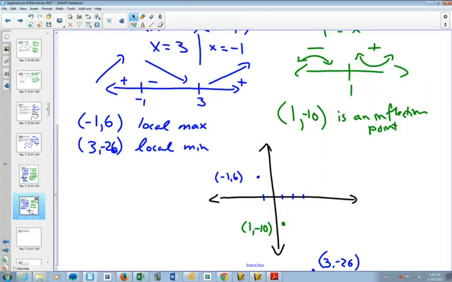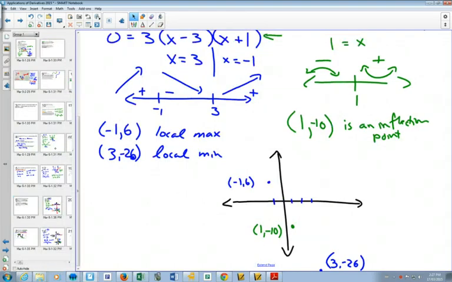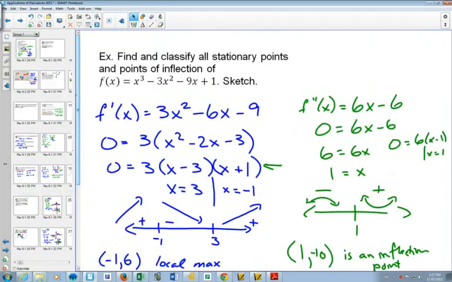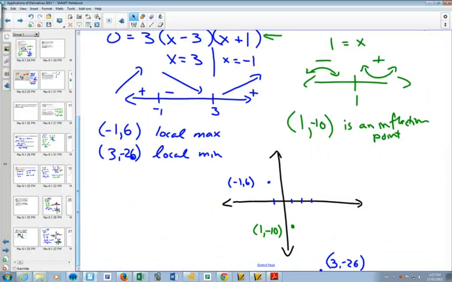So now when I go to graph this, I'm going to start from my inflection point. Okay? Another point that we could figure out easily is our y-intercept. It's not hard to plug in 0 for x and to see that we would have a y-intercept at 0, 1. So I'm going to put that.